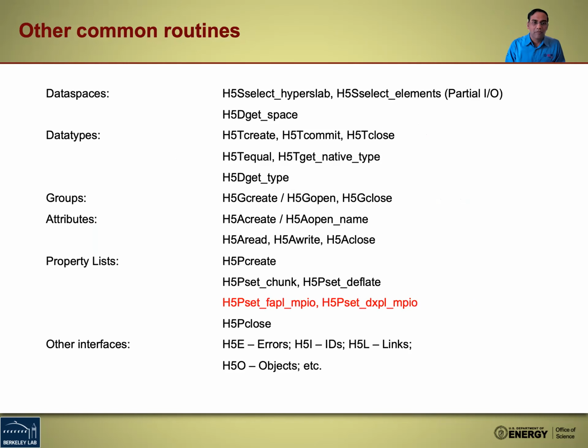If you want more, such as adding metadata or using various options to store and lay out the data, there are some other common routines that are used. And the ones in red text here are the ones that enable using MPI/IO, which is parallel I/O, to set HDF5 to use MPI/IO internally.